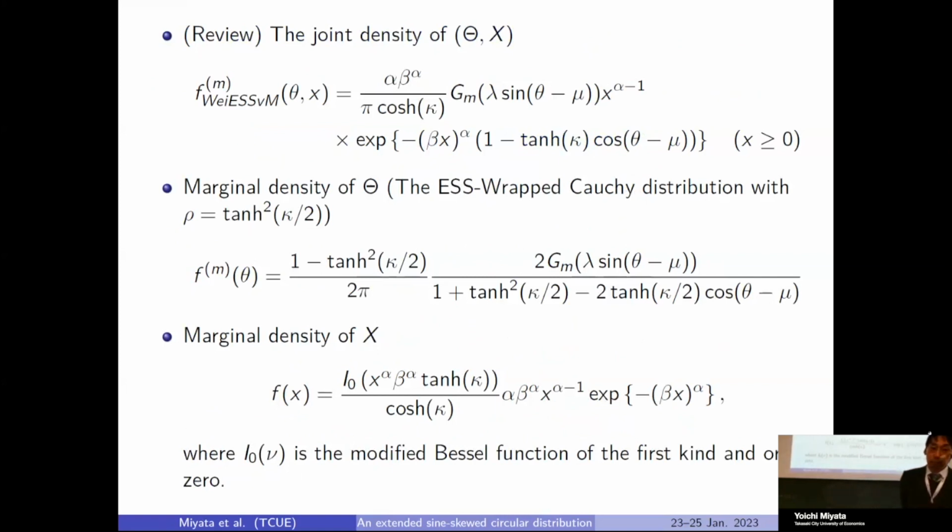The marginal density of theta becomes an ESS Lambda-Cauchy distribution with concentration rho given by this expression. The marginal density of x is given by this function.